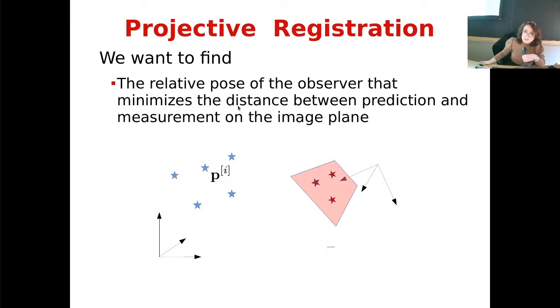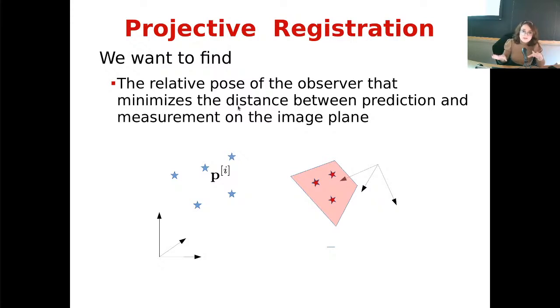Now you can see the link with ICP of the previous lesson, because in ICP we were saying we want to find the relative pose of the world in the robot frame so as to minimize the distance between measurement in the robot frame and points in the world frame.